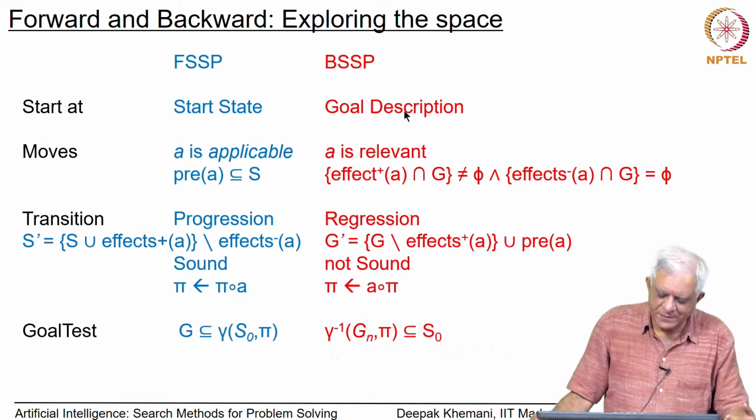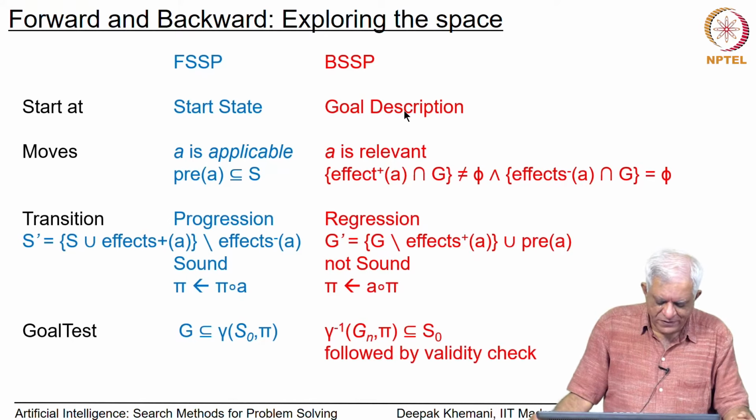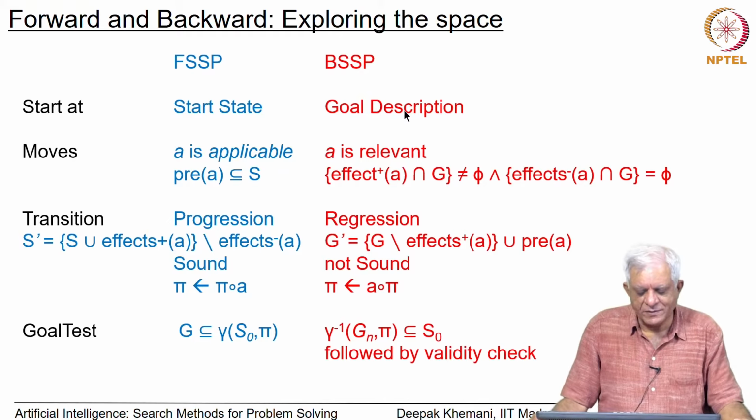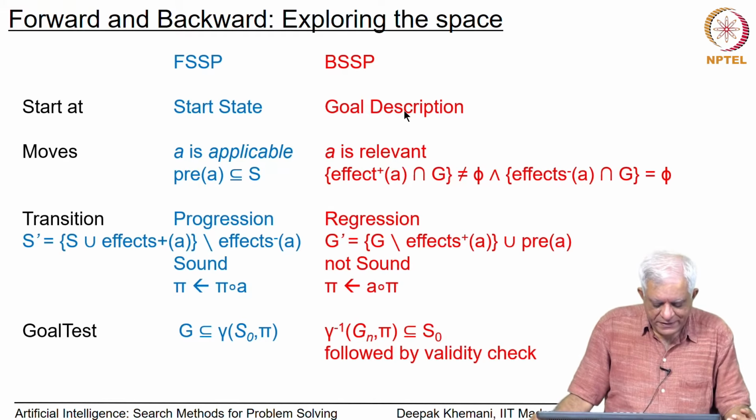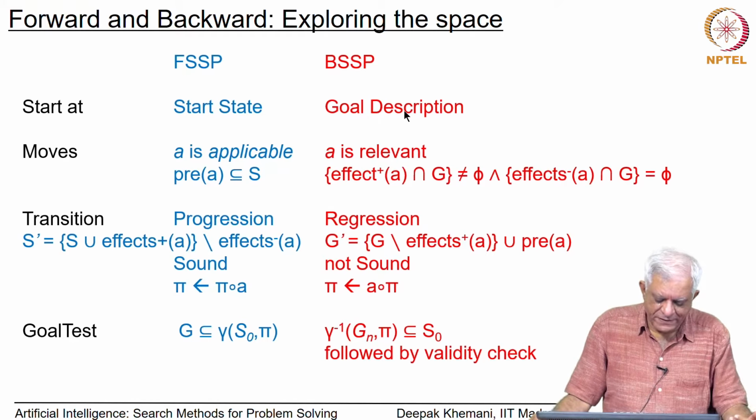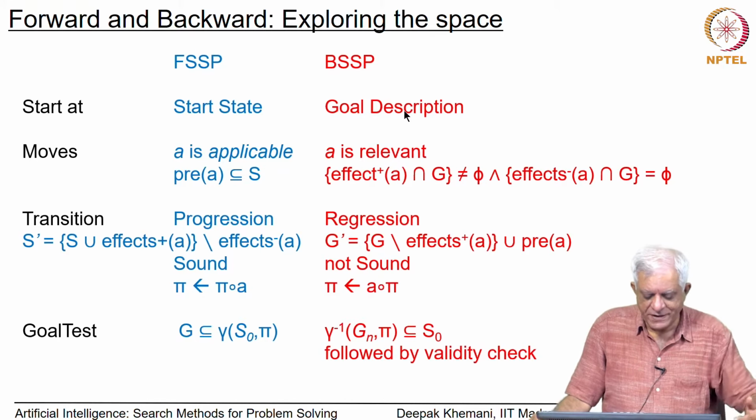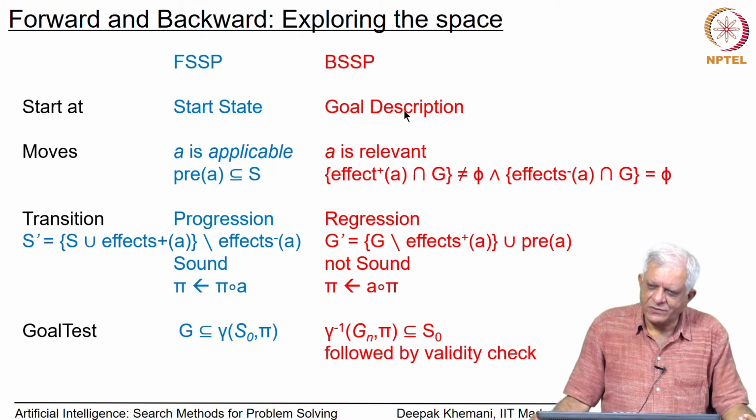The termination criteria you would notice is almost identical in both. In forward state space planning, you have reached a new state through a series of progression moves, and you want to verify that the goal that you want to achieve is true in that new state.